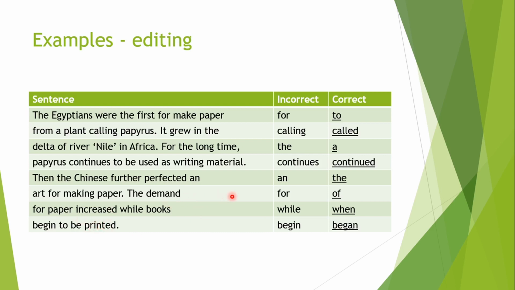The demand of paper, in place of for it should be of, increased while books begin to be printed. While books no, when books begin to be printed. Okay, so this is how you have to edit the passage or the paragraph given. Remember all those rules which are given here, follow them and do it nicely.